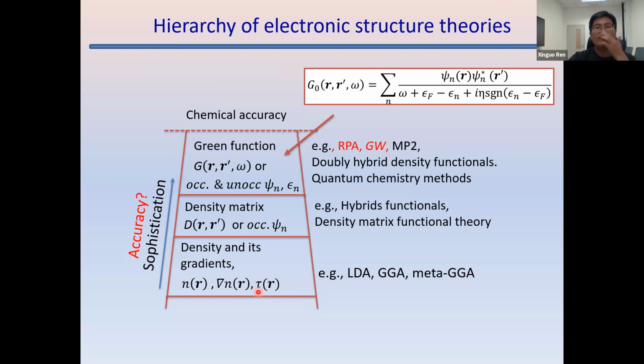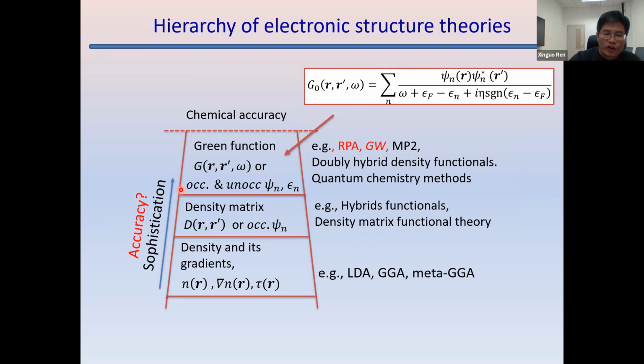These are computationally very efficient, but they have some limitations that are hard to overcome within this framework. If we want to go further, one needs to incorporate in the theory the density matrix, or equivalently the occupied orbitals. These include the well-known hybrid functional or hybrid meta-GGA, or density matrix functional theory. They need orbital information, but only occupied orbitals.